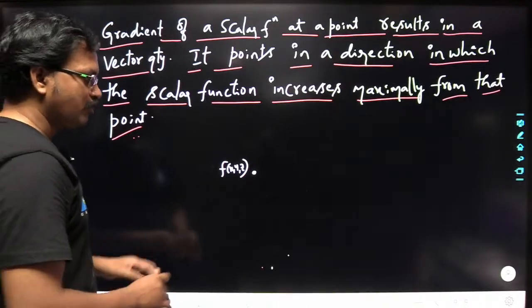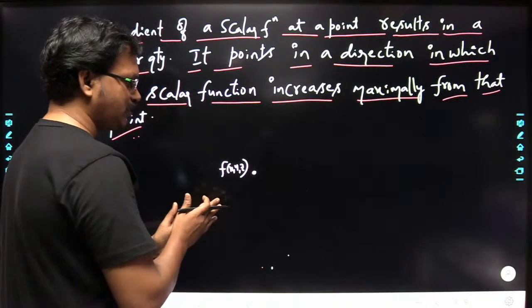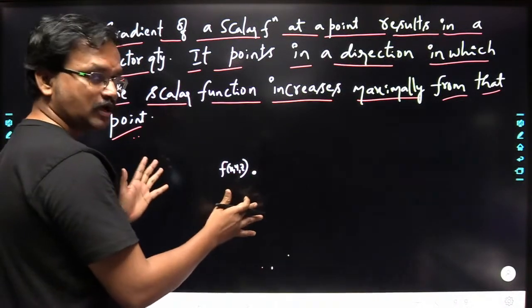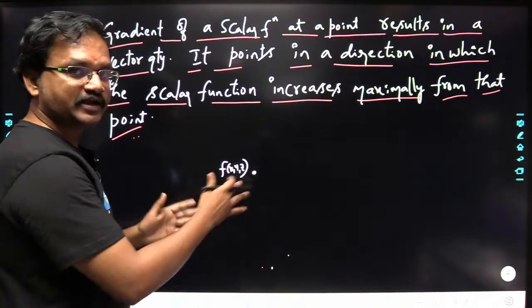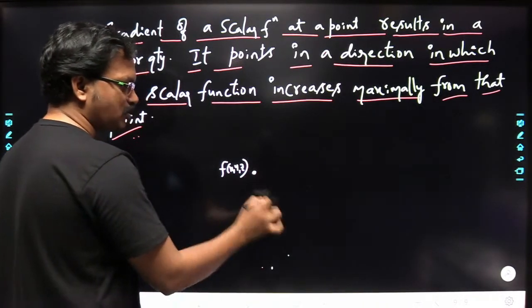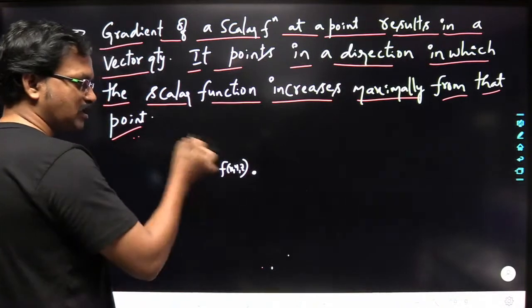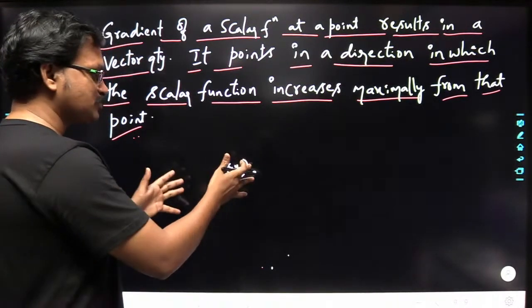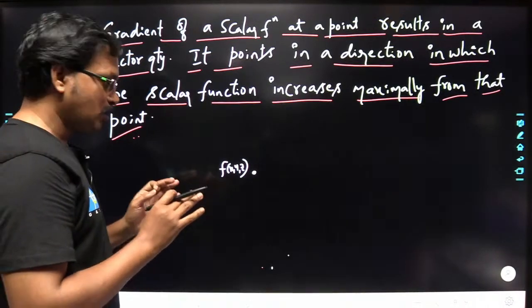Now from this point, in how many ways can you move? You can move in an infinite number of ways. You can move in this direction, or this direction, or this direction, like that. Yes or no?